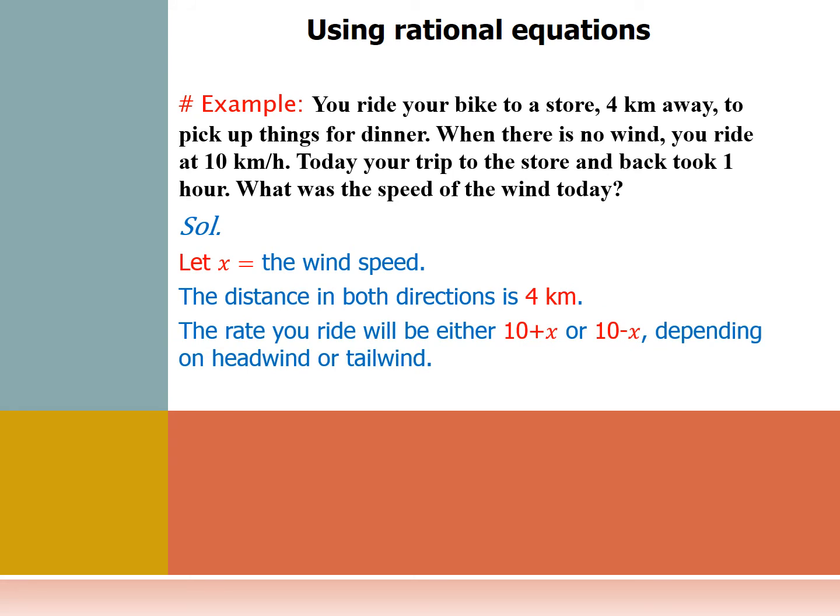The rate you ride will be either 10 plus x or 10 minus x, depending on headwind or tailwind, because x represents the wind speed and your rate was 10. So 10 plus x if you are going headwind, or 10 minus x if you are going tailwind. The trip to the store and back took 1 hour, so the round trip takes 1 hour.